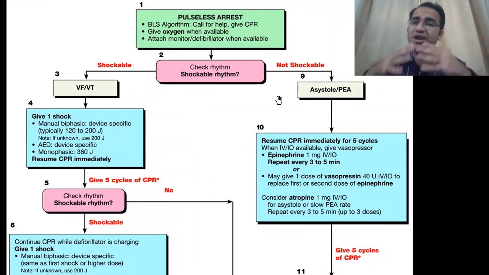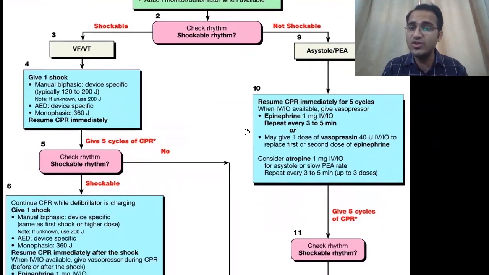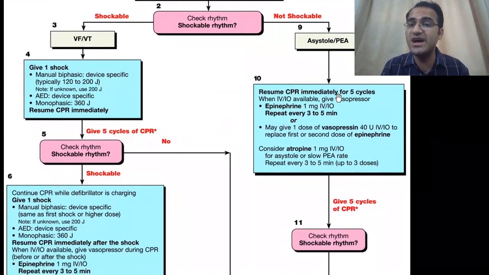In that patient, you cannot give shocks. You cannot defibrillate the patient. That is a non-shockable rhythm. It cannot be treated with shocks. What you do is you resume CPR immediately after 5 cycles, and you maintain an IV access, and you give epinephrine 1 mg IV, and in the same way, you repeat every 3 to 5 minutes.